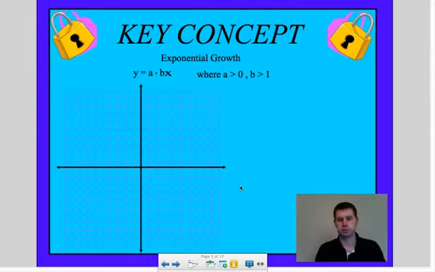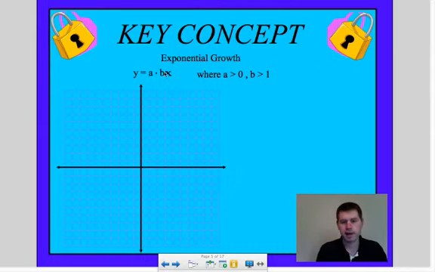at an exponential growth. So if we have, and sorry, this should be b to the x. Should be y equals a times b raised to the x. If b is greater than 1, you're going to have this graph that comes across.